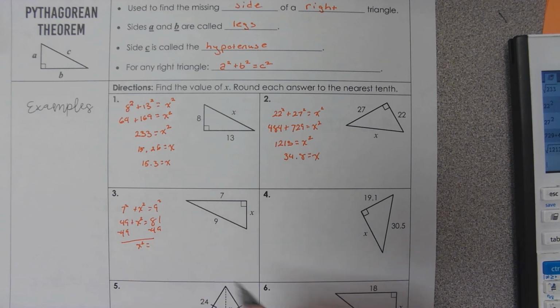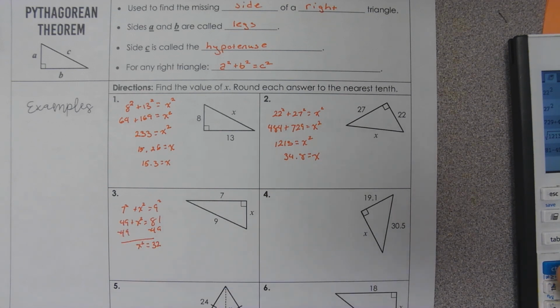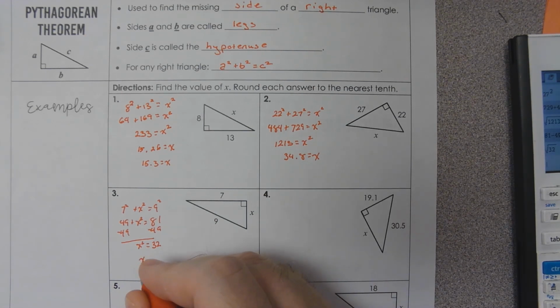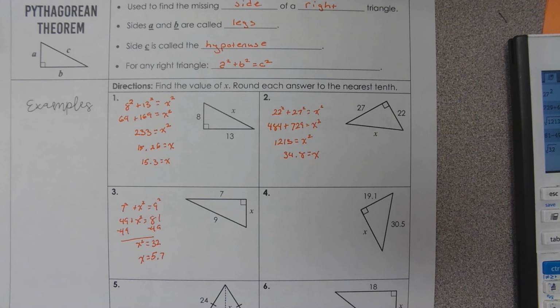X squared, 81 minus 49 is 32. And the square root of 32 is 5.7 to the nearest tenth. Okay, so it's just solving an equation and taking the square root.